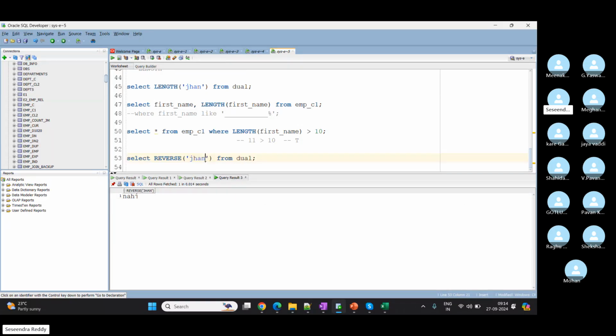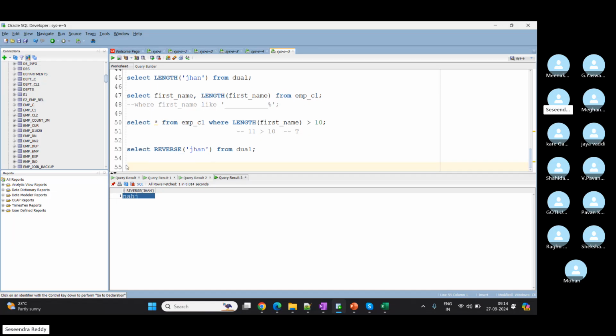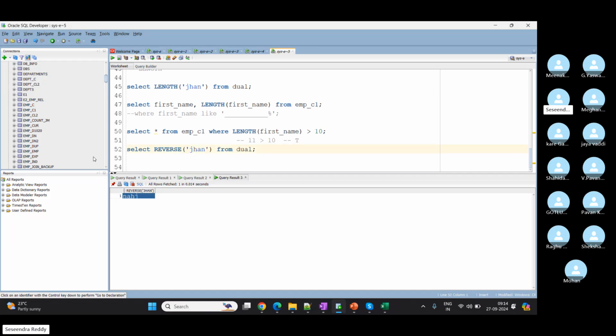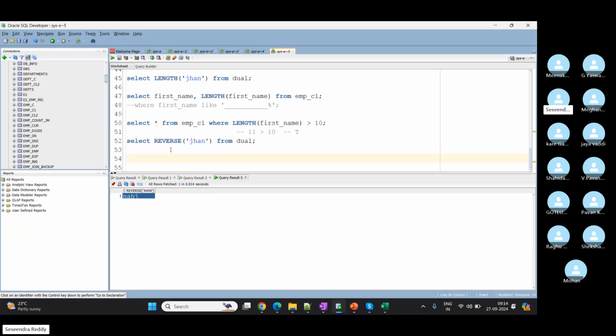So now I'm giving John as input, it will display nhoJ. So the reverse function is used to display characters provided by us in reverse order. Still, this one we got in an interview: how to print given characters in reverse order? Simply by using the reverse function we can do that.